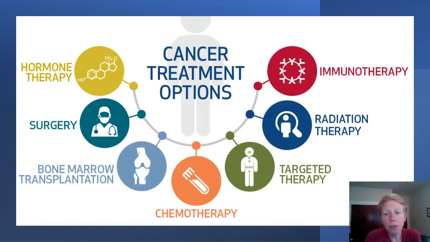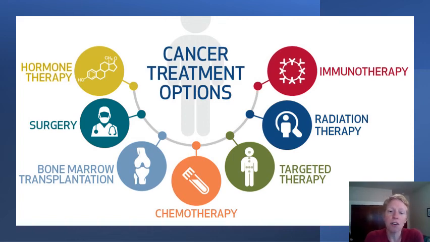Now, bone marrow transplants is something that is specific to blood cancers, because your blood cells are made in your bone marrow. So leukemia and lymphoma are those blood cancers. And so those cells in the bone marrow aren't working properly because they're cancerous.